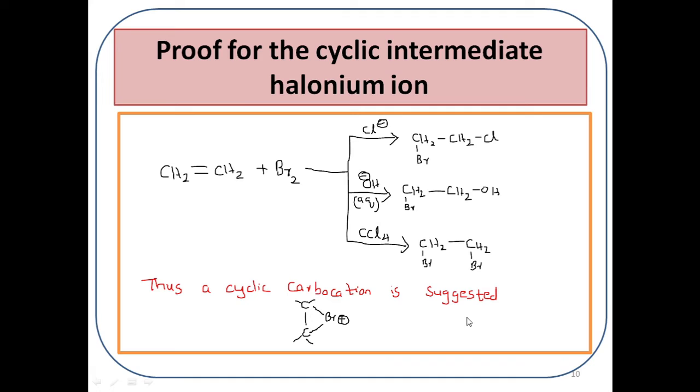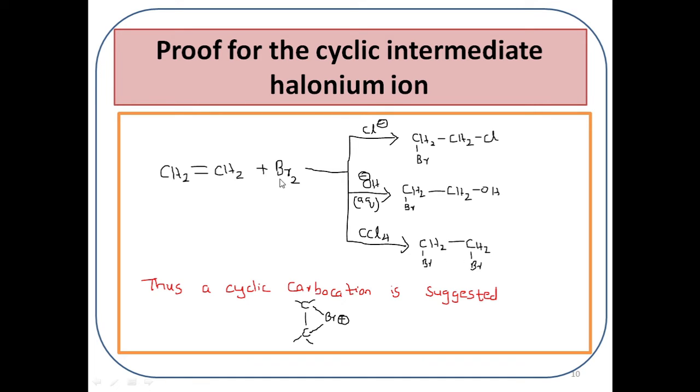Now, what is the proof for the cyclic intermediate halonium ion? It is explained that if the reaction takes place in a medium, suppose we are taking CCl4 as the medium, then we are getting the dibromo derivative.